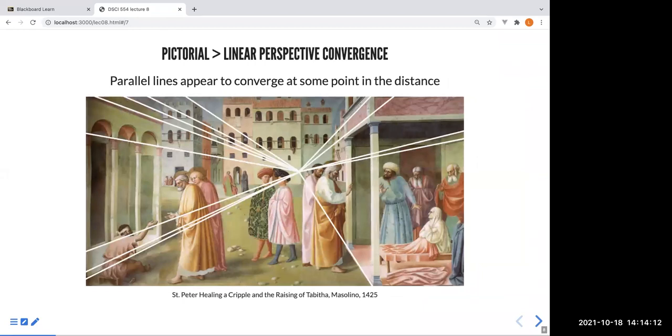The second clue is what's called linear perspective convergence. This has been known for a number of years, and you see it here in a painting. Artists have used the fact that things that are farther away towards the horizon are seen as not moving when you try to change perspective, and that materializes by the fact that they are on a line somewhere here in the middle of the picture, where all the rays converge.